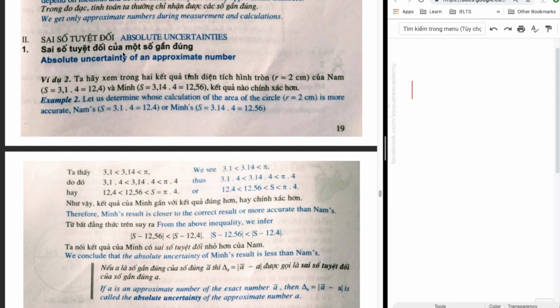Part II. Absolute uncertainties. Absolute uncertainties of an approximate number. Example 2. Let us determine whose calculation of the area of the circle with radius equals 2 cm is more accurate.